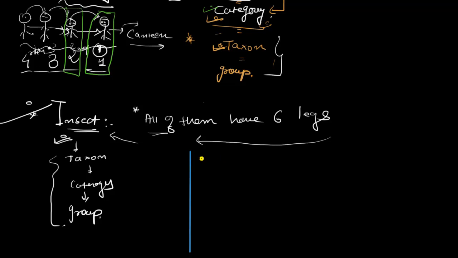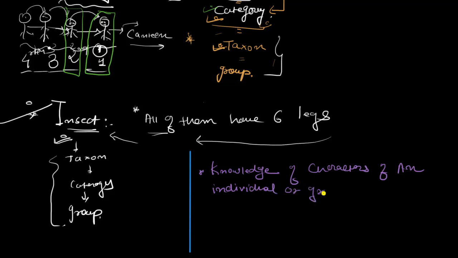To classify, you should have knowledge of the characters of an individual or group. Whoever takes part in this classification should have knowledge of the characteristics of the particular individual or group they are going to classify.